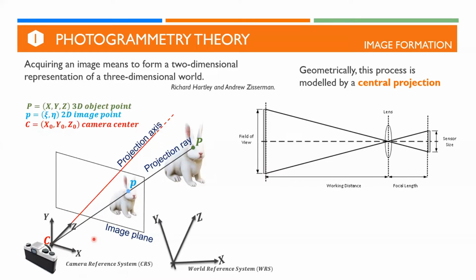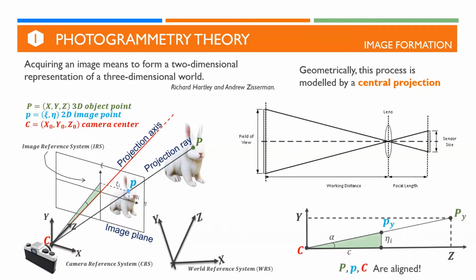Then we have the camera reference system, but also the world reference system, of course, so the reference system where our object is placed. And then we also have our image reference system. So you can see how complicated this photogrammetric process is going to be.